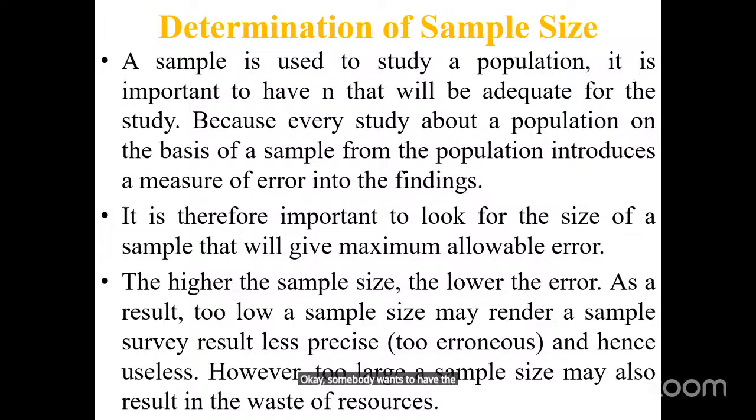Okay, somebody wants to help the question. Yes, this was the question that I wanted to ask. Now, when you are giving the example of who said it was judgmental, I've seen a study, they are not the same, I know, but I've seen a study where the person talked about multi-stage sampling technique.